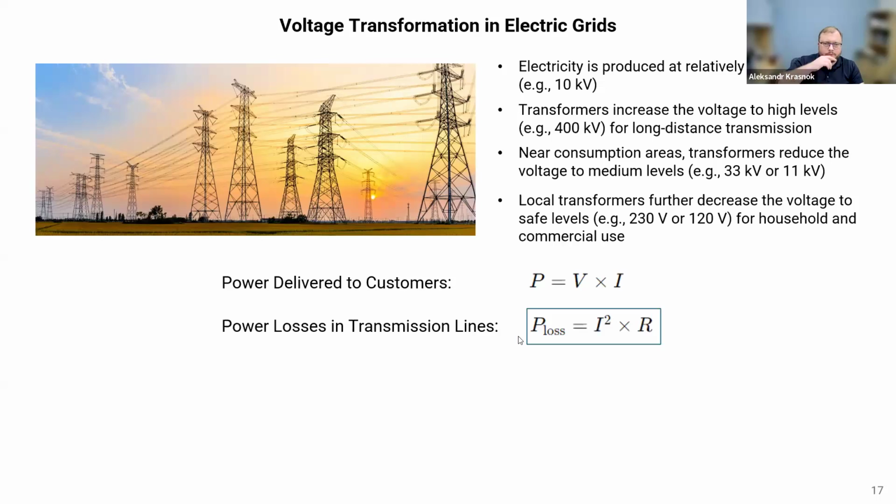However, these wires are not free of dissipation, right? They have finite resistance, and this finite resistance leads to power dissipation, and this power dissipation is described by this power loss formula, and here the current is to the power of 2. Okay, so it's a quadratic factor.